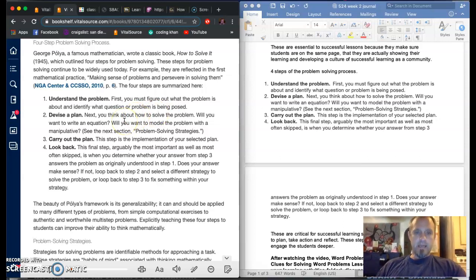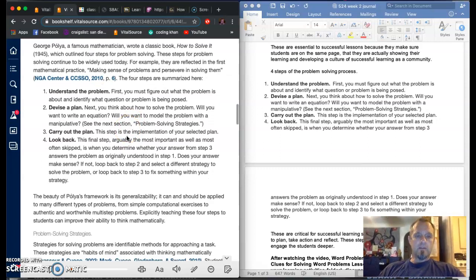Next, devising a plan, thinking about how to solve the problem. So, starting to create the intention, starting to use critical thinking to figure out what needs to happen. And then the third is to carry out the plan, to actually take action. That's important.